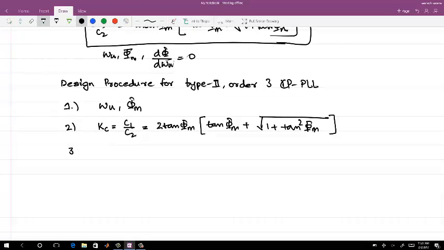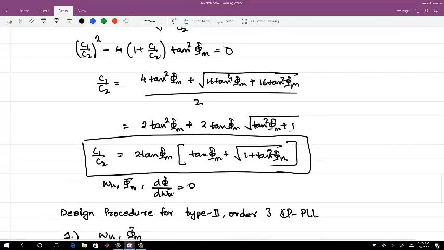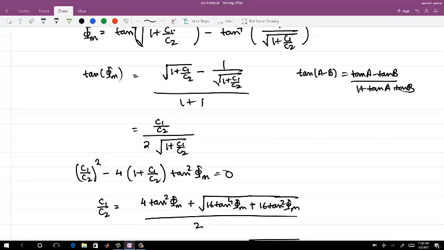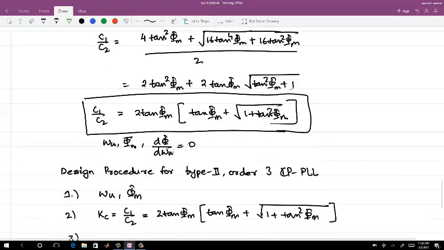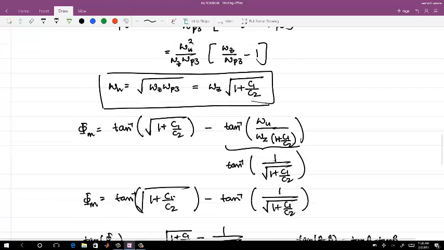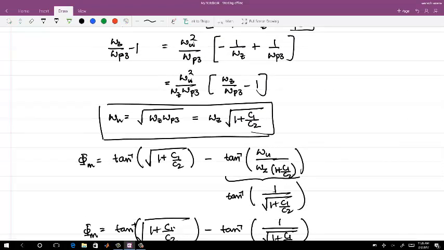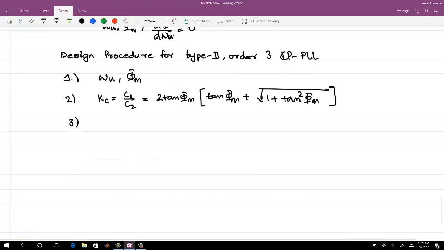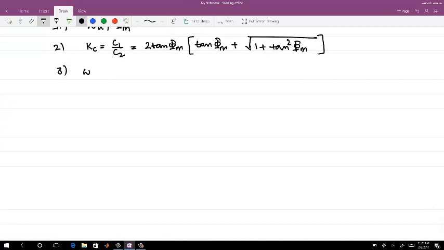Okay, so once I know Kc, what parameter can you find? You know omega u, you know C1 by C2. Look at the parameters we need to find: omega z, omega p3 and ICP. Omega z is just a function of omega u. Omega z is omega u by the square root of 1 plus C1 by C2, so omega z equals omega u by the square root of 1 plus Kc.